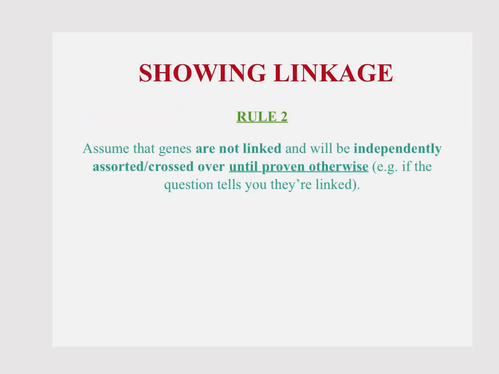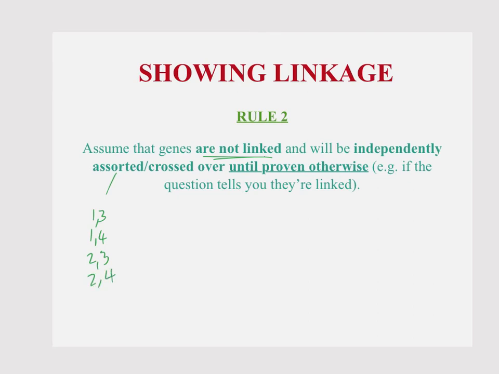Now for rule number 2, please in any exam question, assume that genes are not linked and will be independently assorted. So we do the 1, 3, 1, 4, 2, 3, 2, 4 until proven otherwise.